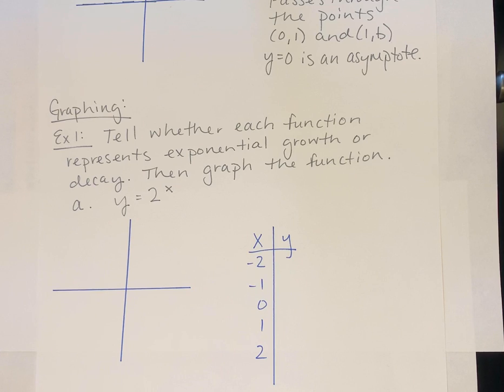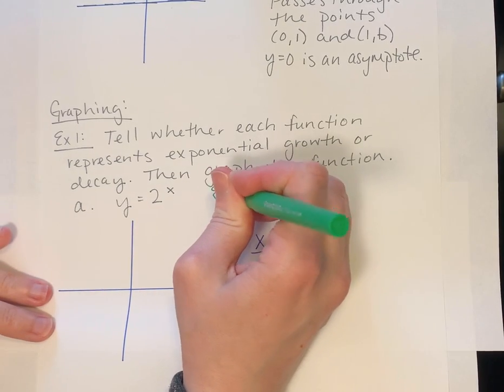So in this particular example, is b greater than 1, or is b between 0 and 1? Our b value is 2. 2 is greater than 1. So this is going to be exponential growth.